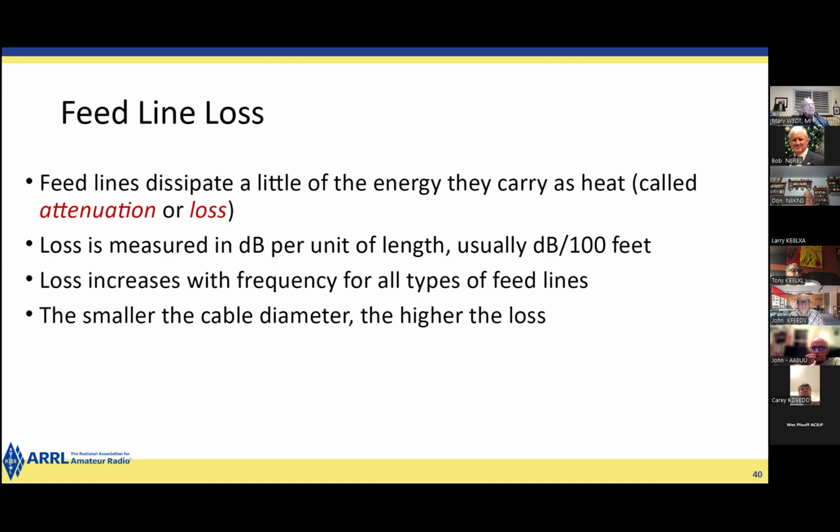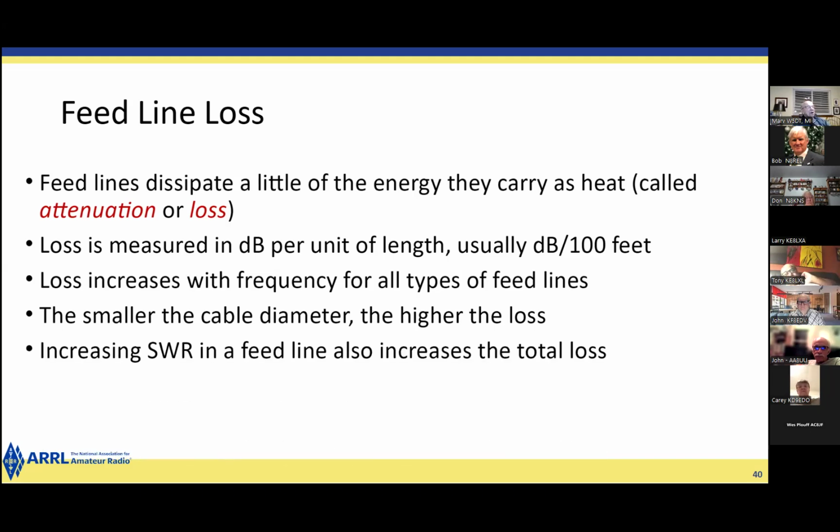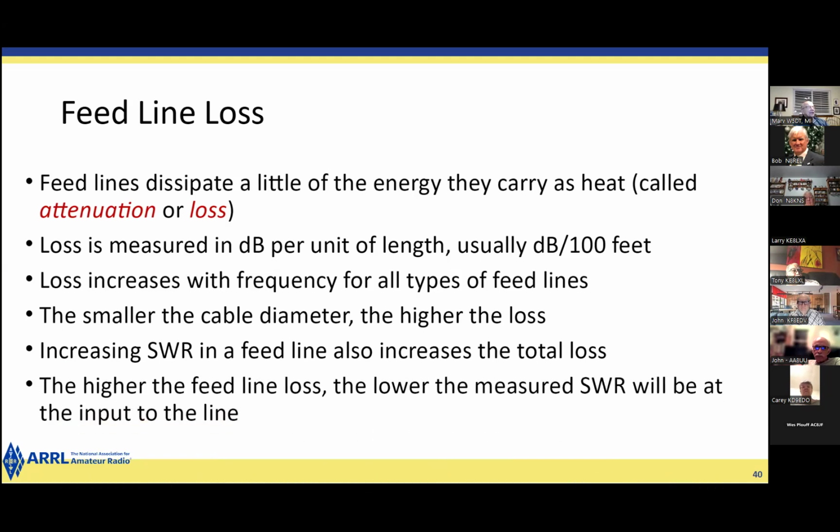Don't use small coax running from your house to your antenna 100 feet away. Increasing SWR in a feed line also increases the total loss. The higher the feed line loss, the lower the measured SWR will be at the input end of the line.